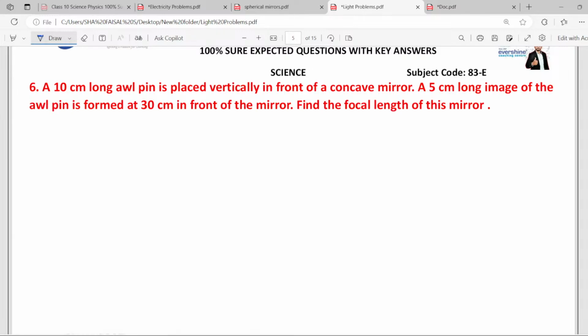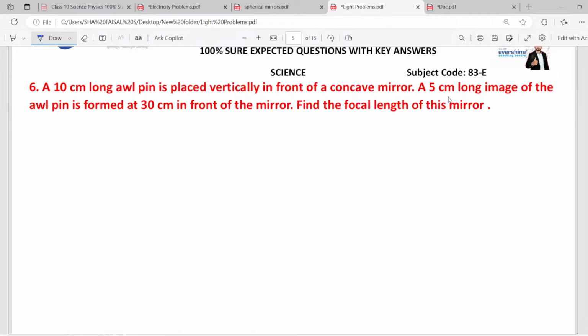Can you see, children? What is given here? A 10 centimeter long awl pin is placed vertically in front of a concave mirror. We have kept it in front of a concave mirror vertically.